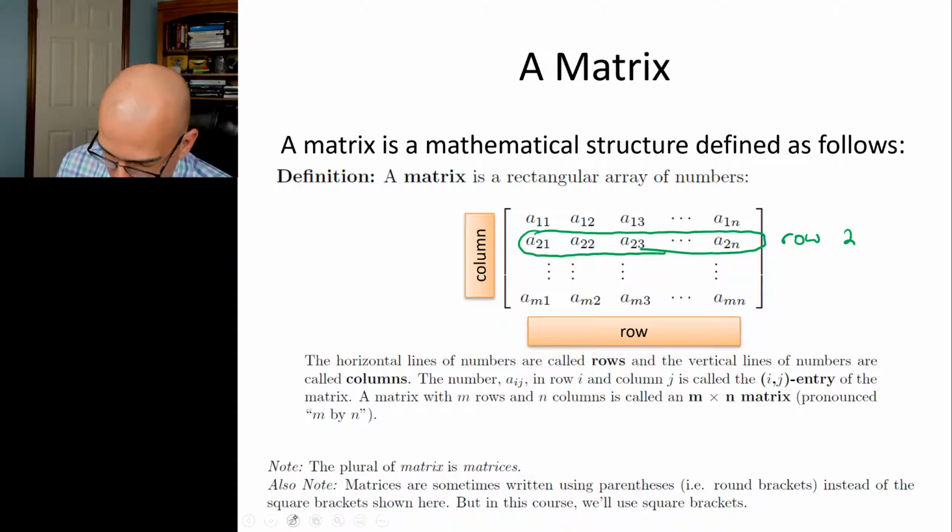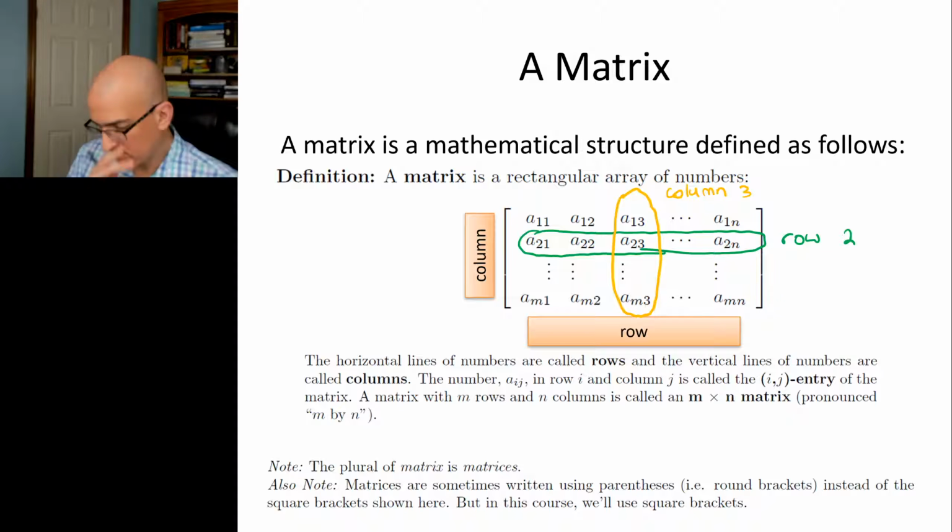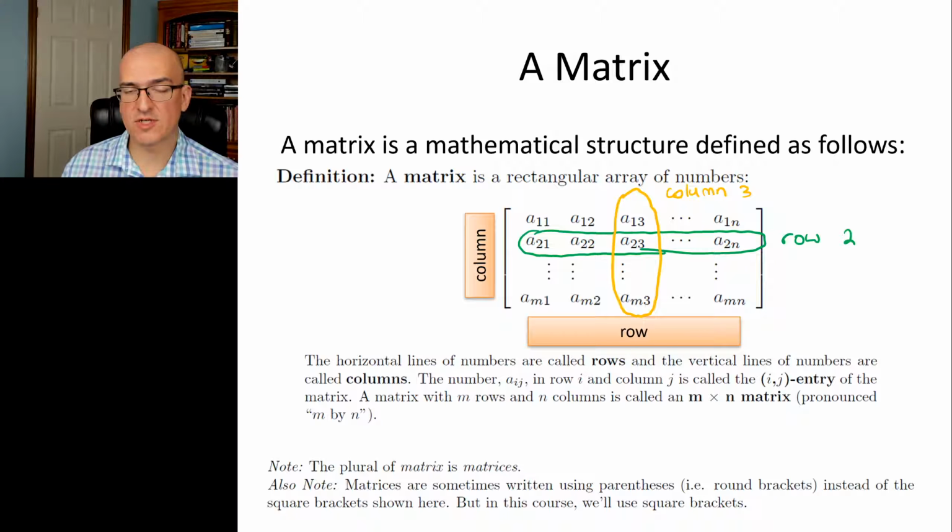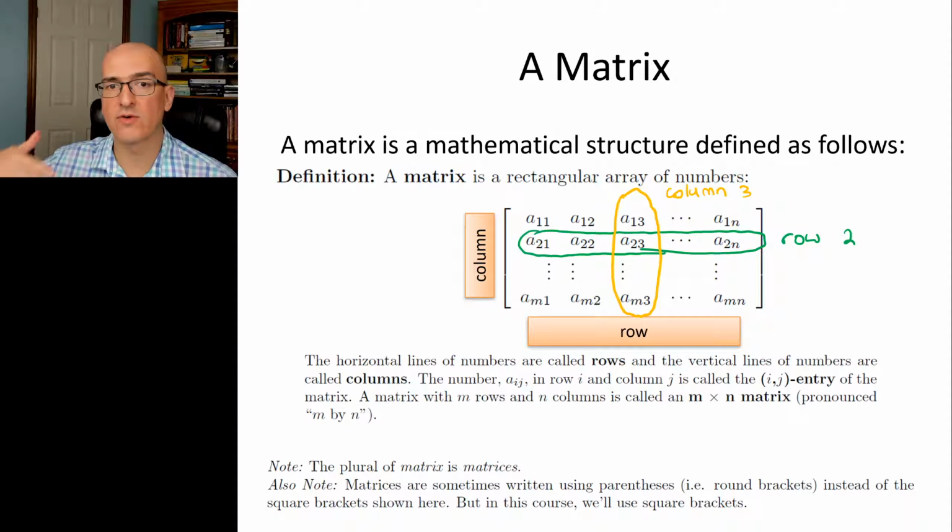And I'll highlight one of the columns, column 3. And we'll talk about positions within matrices using this vocabulary. We'll say, okay, take a look at row 2. Take a look at row 4. Take a look at column 7. So that's how we'll index where we are.